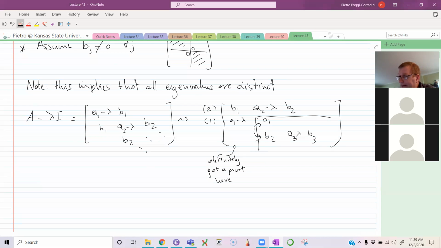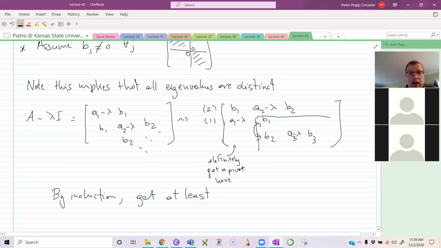So by induction, we get at least as many pivots as there are off-diagonal terms, and there's n minus 1, so we get at least n minus 1 pivots.